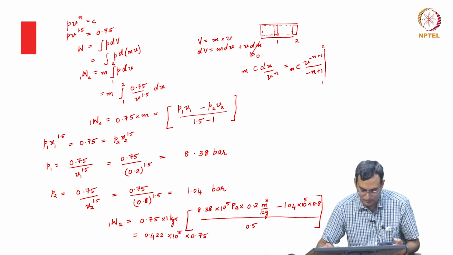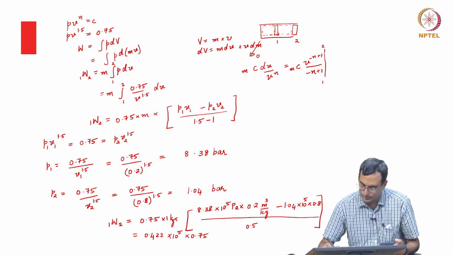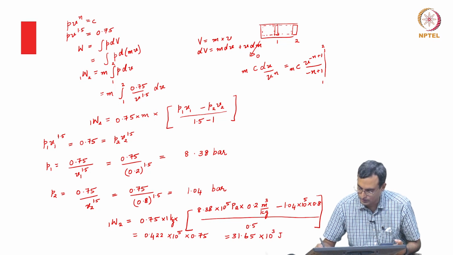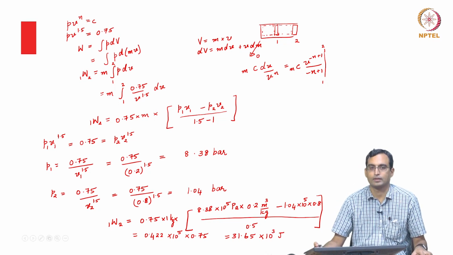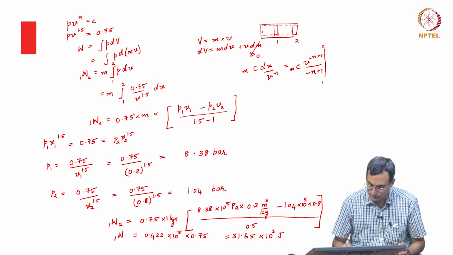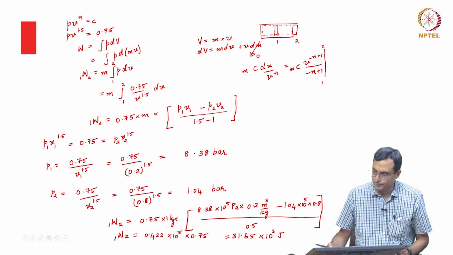So, that is 0.316 in 10 power 5. So, I am going to write it as 31.6 into 10 power 3 joule, or 31.6 kilojoule, which is the work interaction for this process.